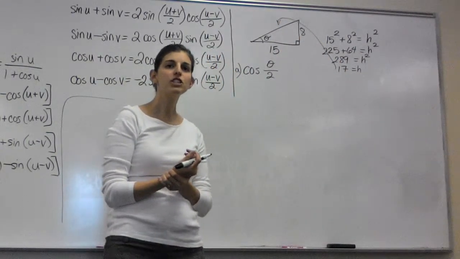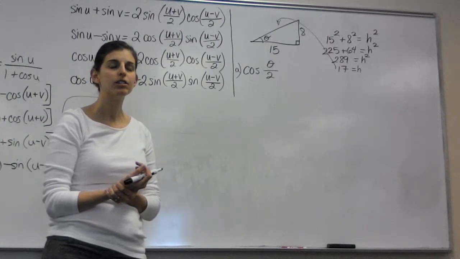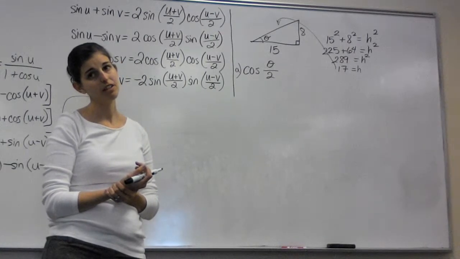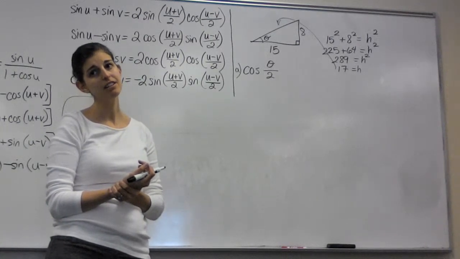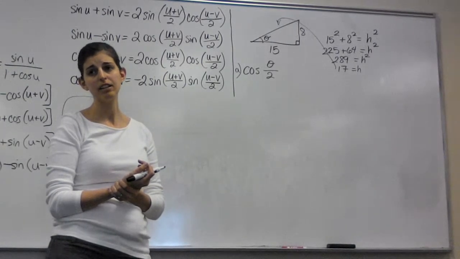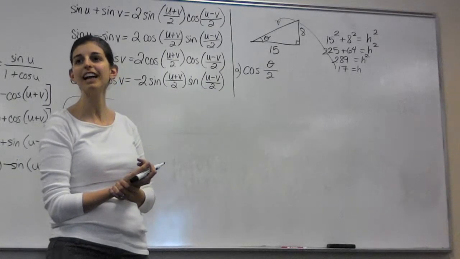I need the cosine of theta over 2. So you're telling me I have to find theta? You could find theta, but you'd need a calculator to do that. What if I don't need a calculator for this problem?